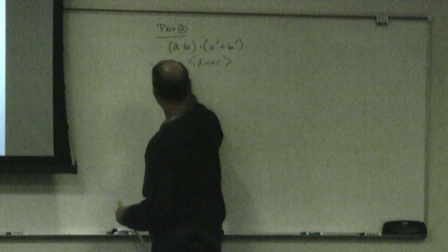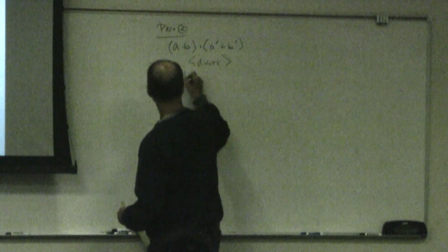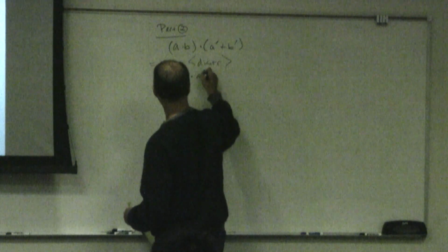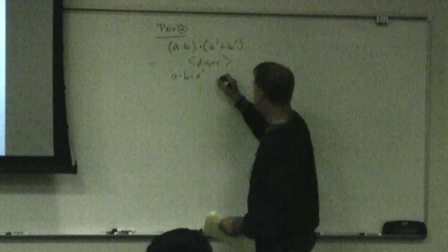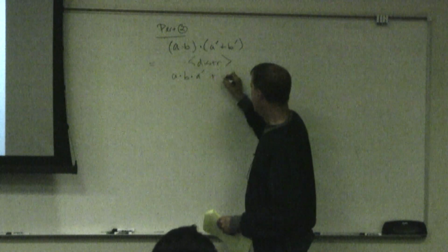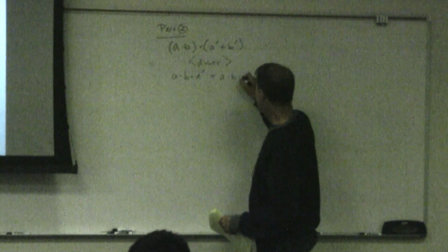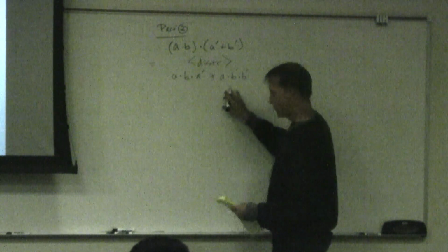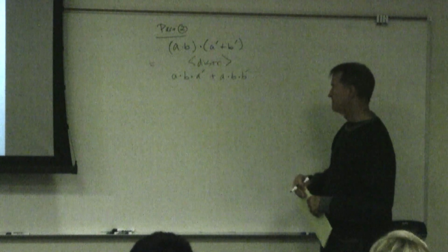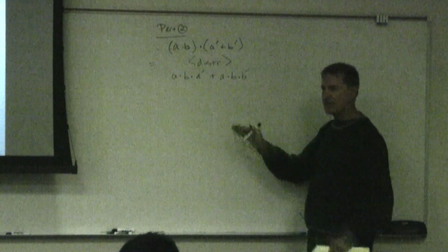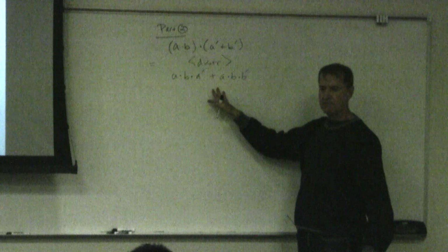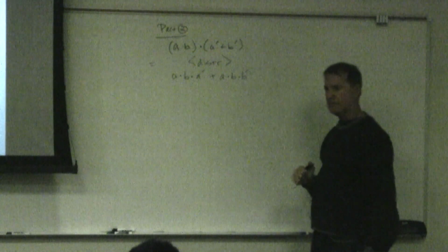So this will be A and B and A prime, or A and B and B prime. And notice that we don't need parens here now, right? Because and has higher precedence than or. Is everybody clear?